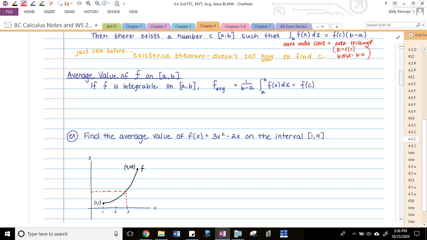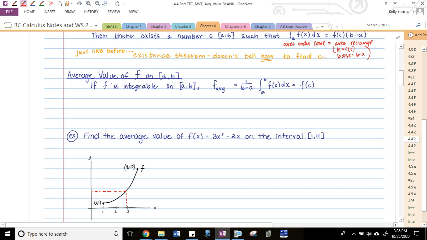It says if f is integrable, that's a fun word, if you can take the integral of f of x on a to b, then f average, this is the notation for saying average value, of f is 1 divided by b minus a, so 1 divided by the length of the interval you're looking at, times the integral from a to b of f of x dx.